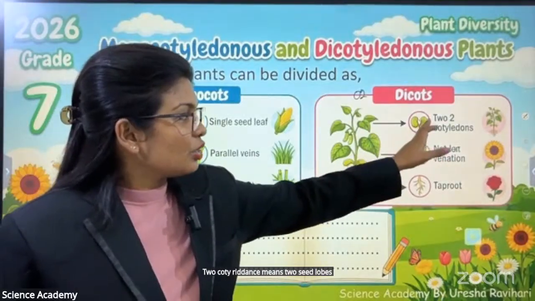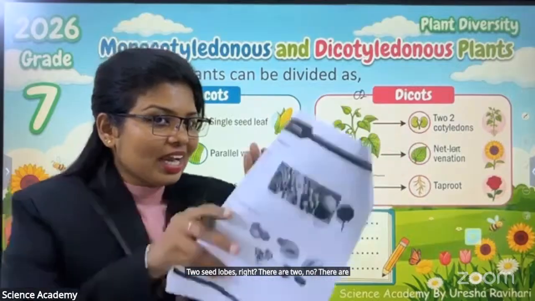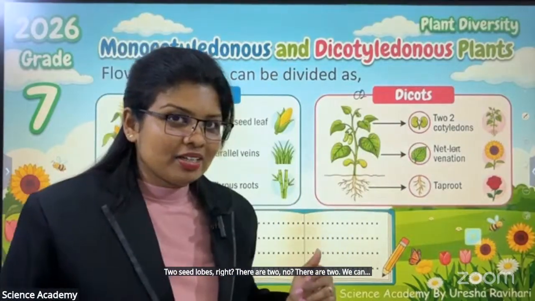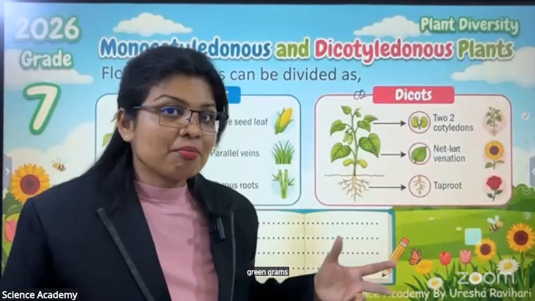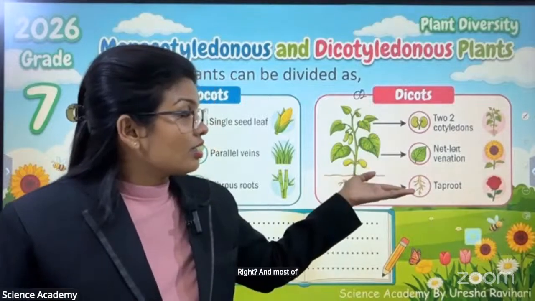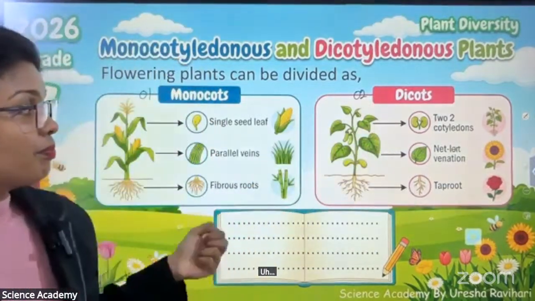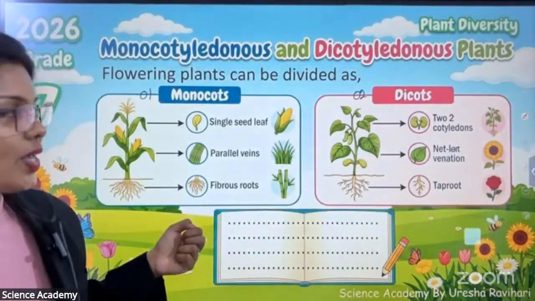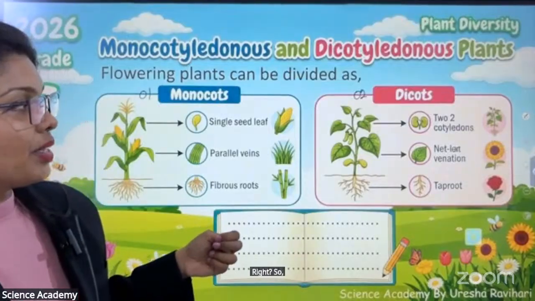You can see two seed lobes, right? There are two. We can open it up. Gram, green gram, cowpea, mung bean, right? And most of the dicot seed structures we can see, dicots. So we'll move on next.